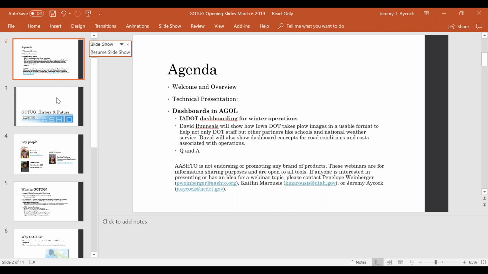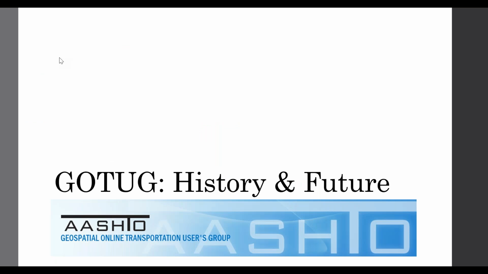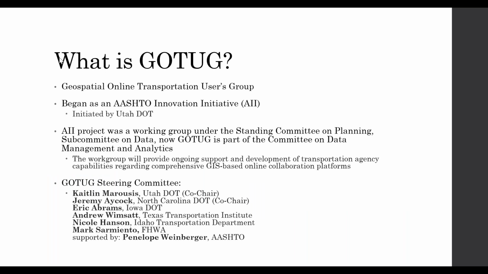We're also going to give an overview of what GOTUG is before we give that presentation. So the key people in GOTUG are myself, Jeremy Aycock, Caitlin Marousas of Utah DOT, and our AASHTO liaison, Penelope Weinberger. GOTUG is the Geospatial Online Transportation Users Group.